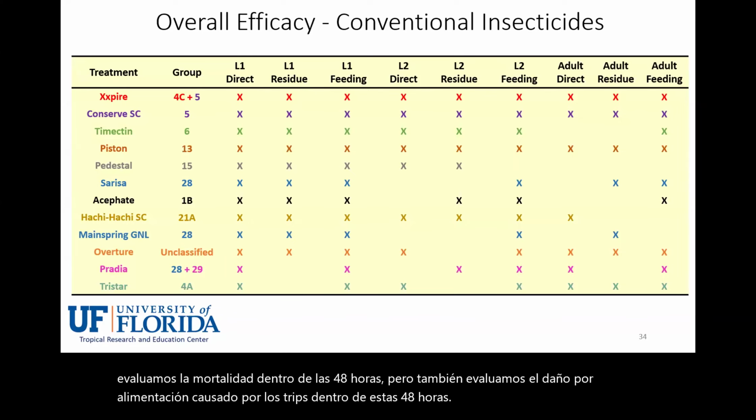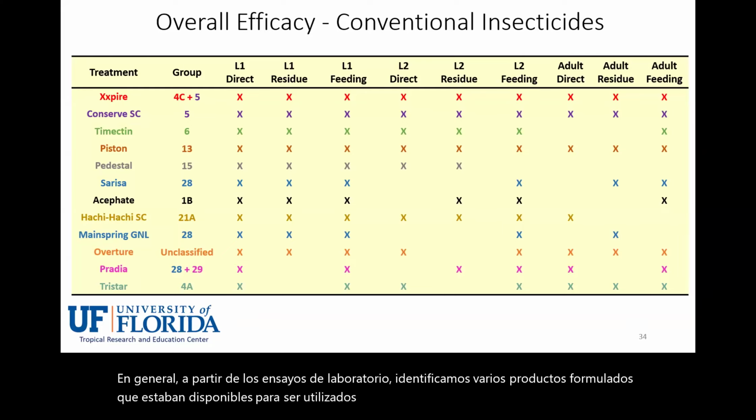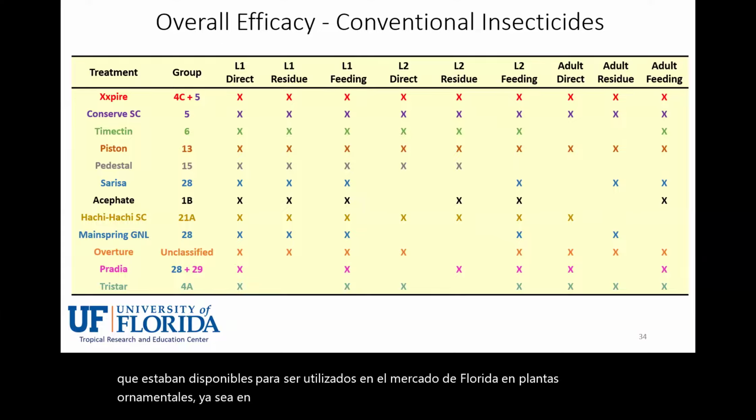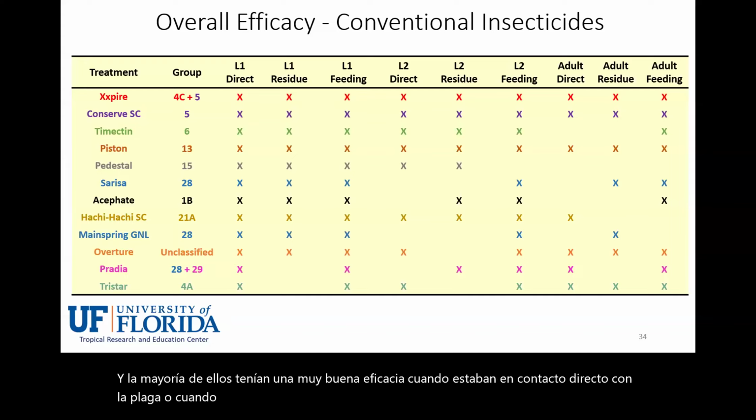Overall, from the lab assays, we identified several formulated products that were available to be used in the Florida market on ornamental plants, either in nursery and/or greenhouse conditions. And you can see that these products could be efficacious towards either first instar larvae, second instar, and adult. Most of them had very good efficacy when they were in direct contact with the pest or when they were applied on the leaf tissue and then the pest fed on them.